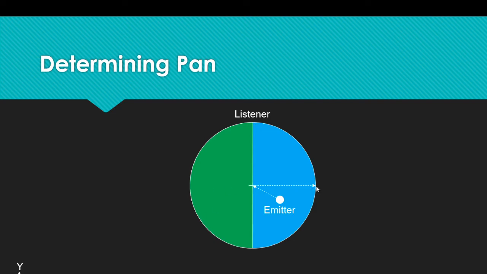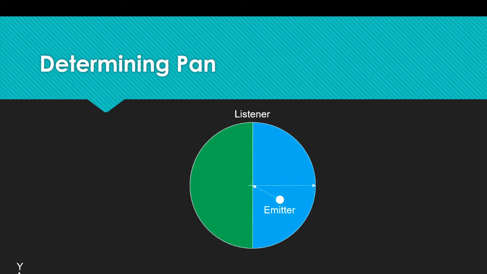Now that will probably be available in the listener. If the listener is represented by some kind of transform, you'll just be able to extract the right vector from the transform matrix. So we get the right vector, and then we compare the emitter to listener vector with that. And if it's positive, then it's on the right hand side. If it's negative, it's on the left hand side.